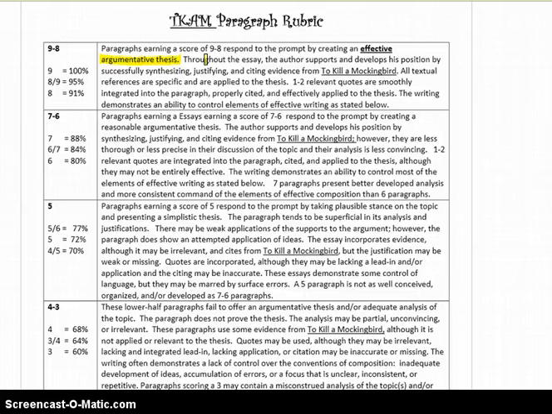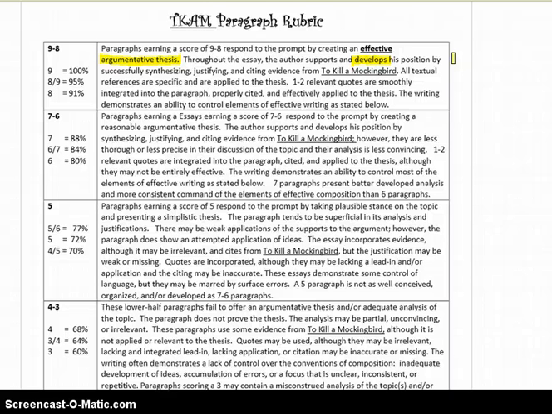Throughout the essay, the author supports and develops his position by successfully synthesizing, justifying, and citing evidence from To Kill a Mockingbird. Synthesizing is taking information from the text and using it within your paragraph in order to help support your points.